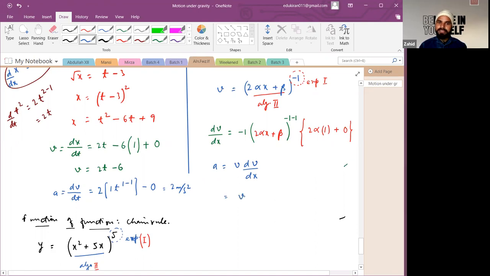So v is as it is, dv by dx is this term. We can rearrange it as minus 2 alpha times (2 alpha x plus beta) raised to minus 1, and whole raised to 2. We can write it like this.